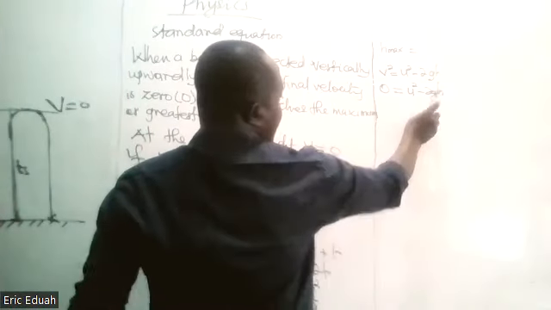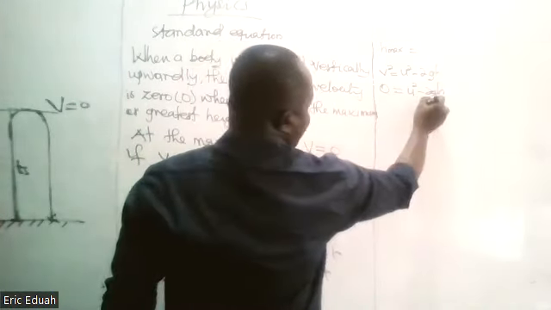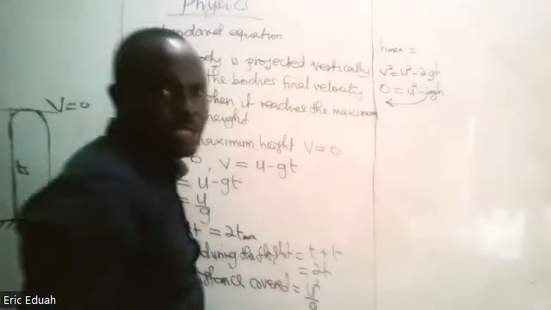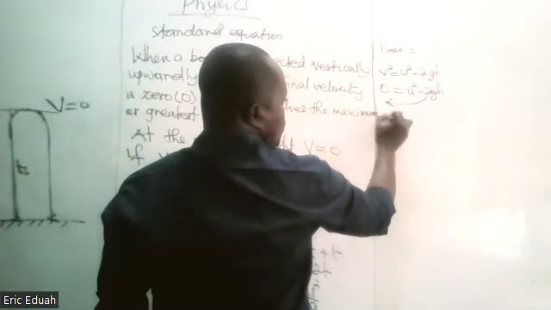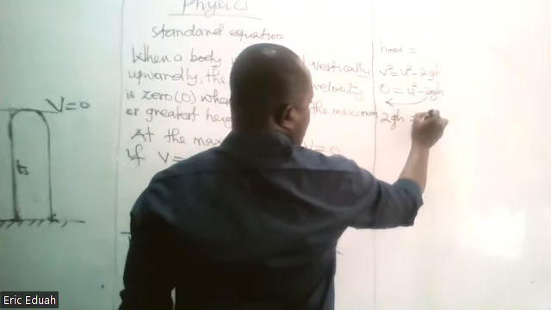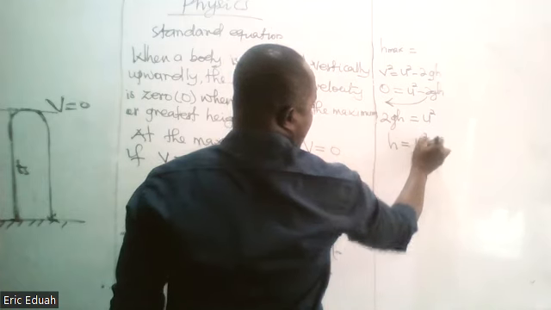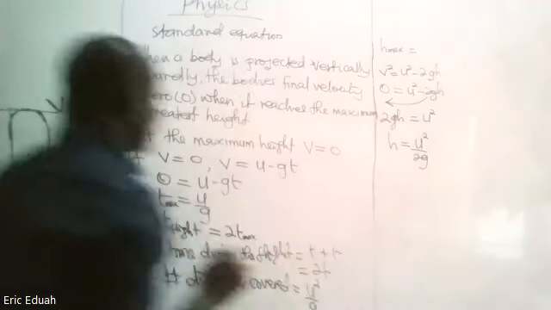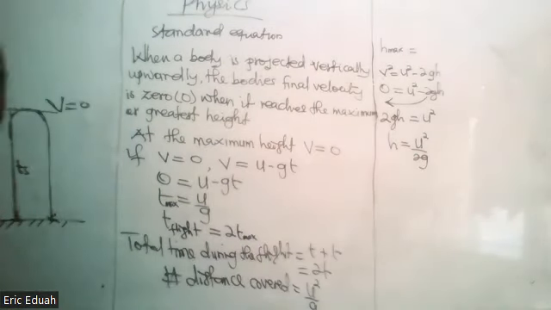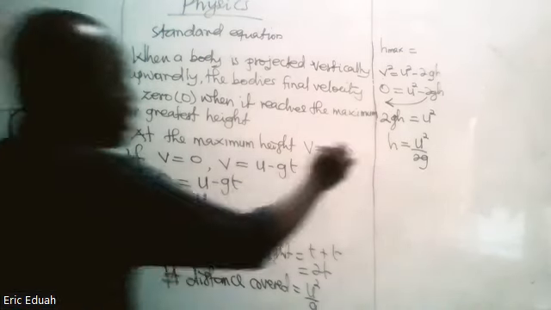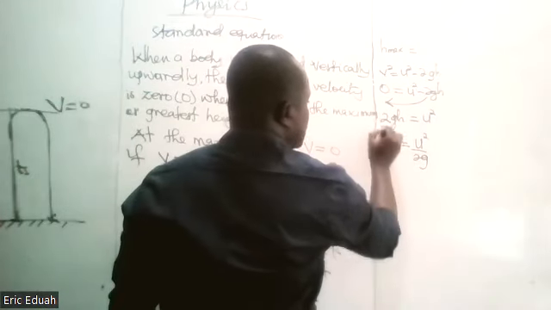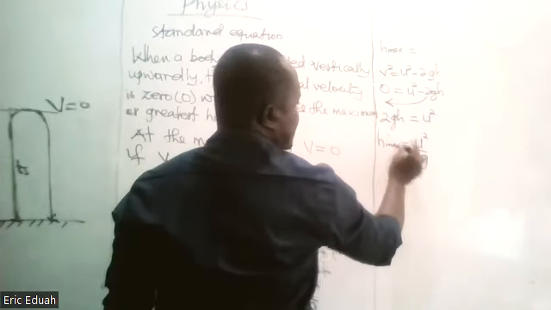H would be equal to, when I send this to the other side of the equation, 2GH equal to U squared. H therefore is U squared on 2G, meaning that the maximum height reached, H max, is equal to the square of the initial velocity divided by 2 times gravity.